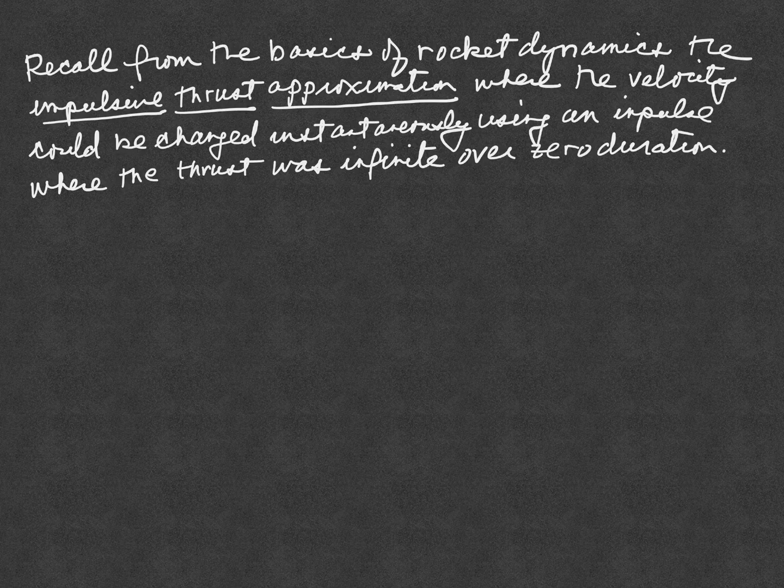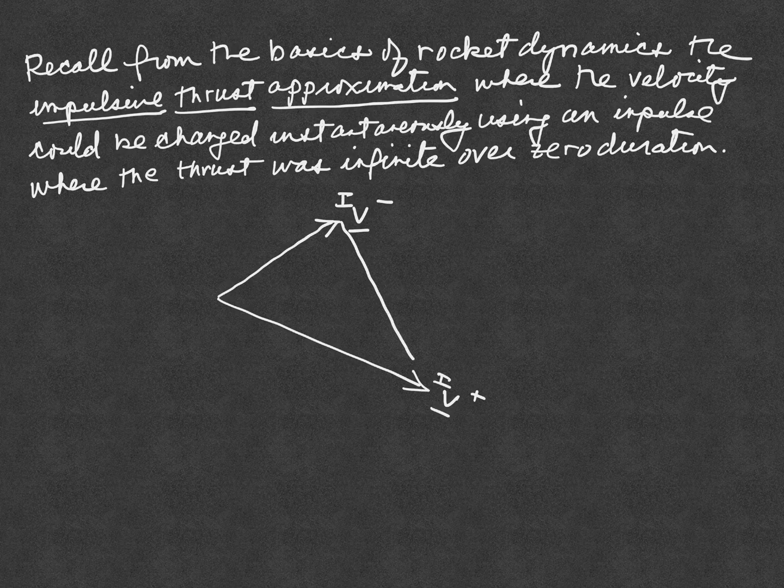So the impulsive thrust approximation looked as follows: if I have a spacecraft moving in an orbit, and at some point the velocity is v_I minus, and instantaneously I change the velocity to some new velocity, v_I plus, then that instantaneous change leads to an impulse, which is referred to as delta v.